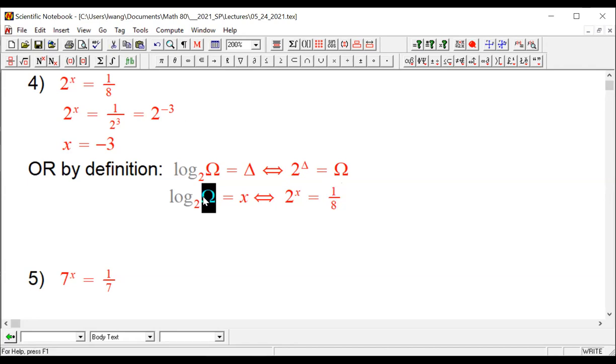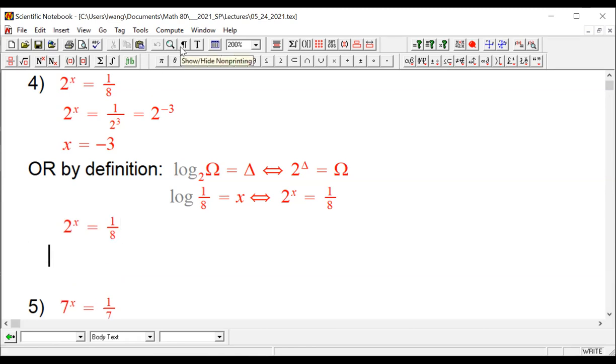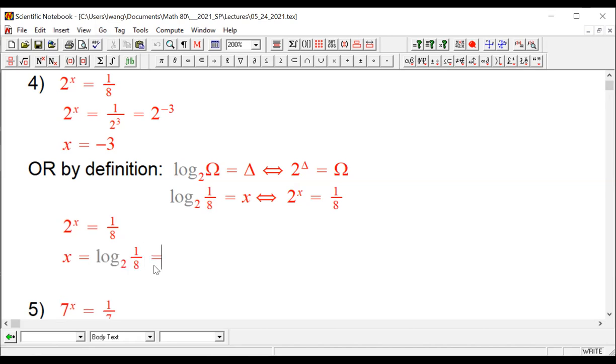That's how we can use definition. When you show your work, you write x equals log base 2 of 1/8, and that's negative 3. That's it.